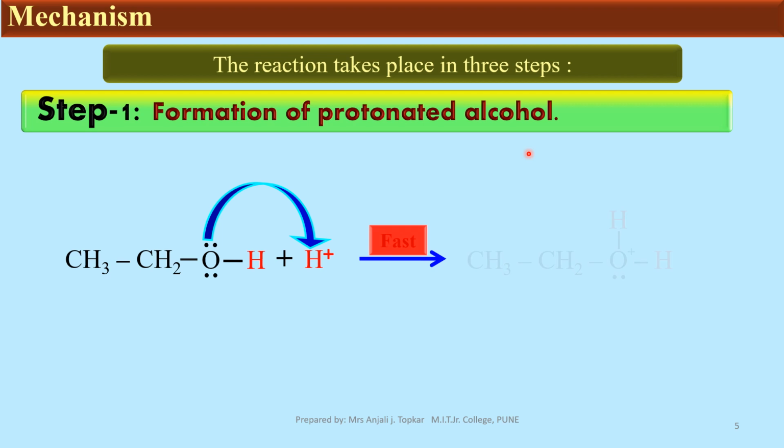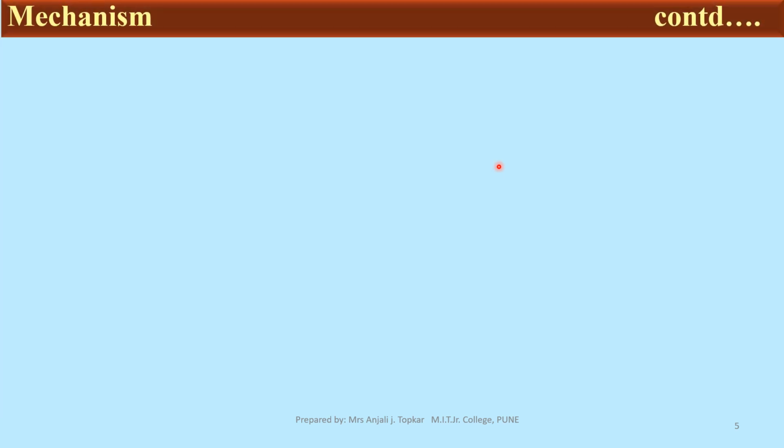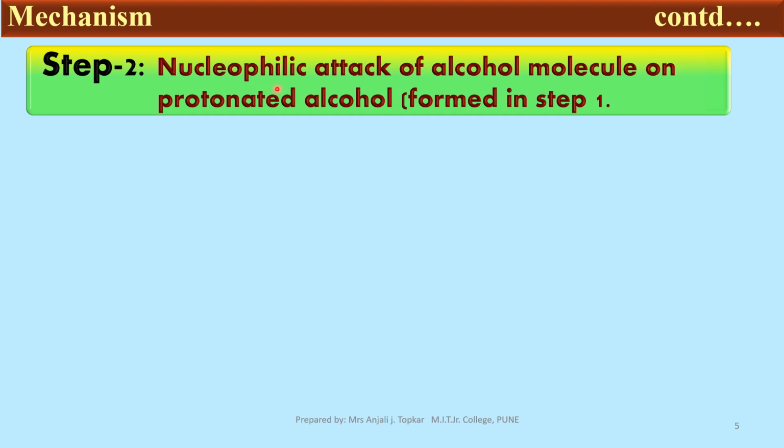In step 2, nucleophilic attack of alcohol molecule on protonated alcohol from the first step can be seen. This is the alcohol molecule and this is the protonated alcohol from the previous step.